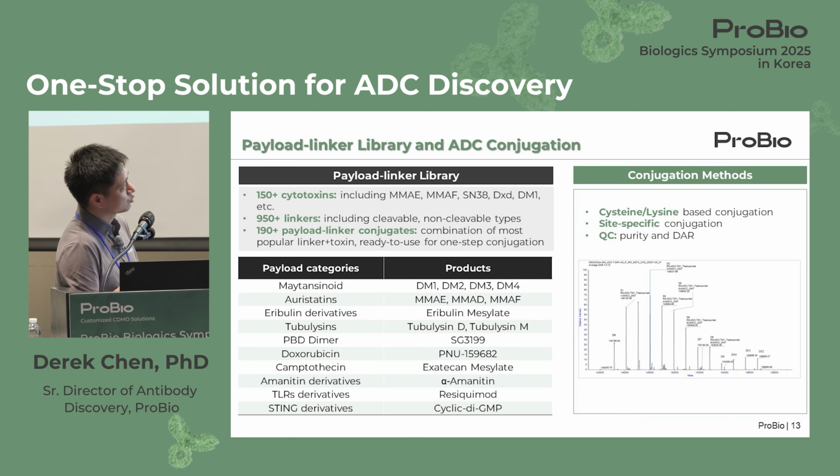In terms of conjugations, ProBio provides the traditional cysteine-lysine-based semi-random conjugations and also the site-specific glycan side chain-based conjugations. I will share a case study to compare these two different conjugation methods, with a GPRC5D case study later in the talk.